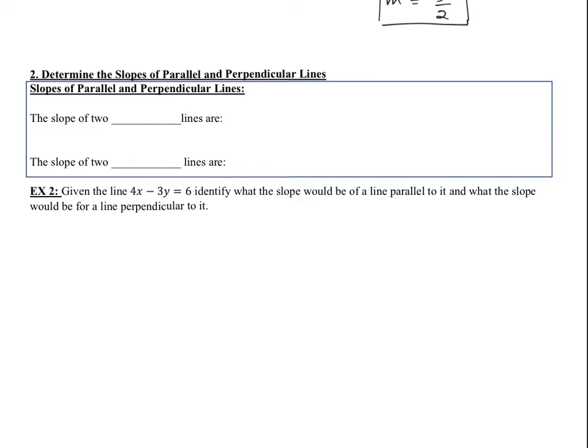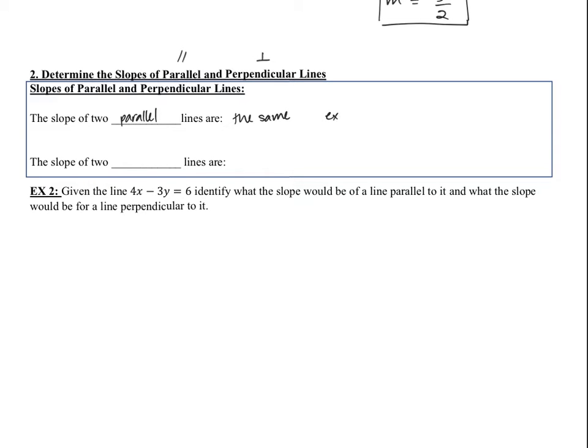Now, the symbols for parallel and perpendicular lines are as follows. So this is the symbol for parallel lines, and this is the symbol for perpendicular lines. Alright, now let's take a look. The slopes of 2 parallel lines are the same.